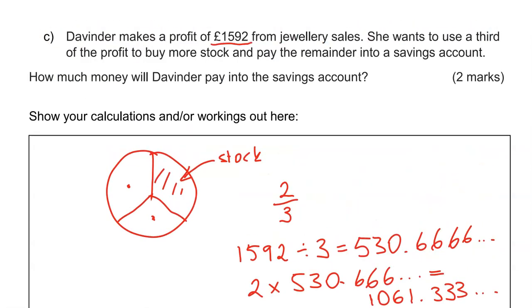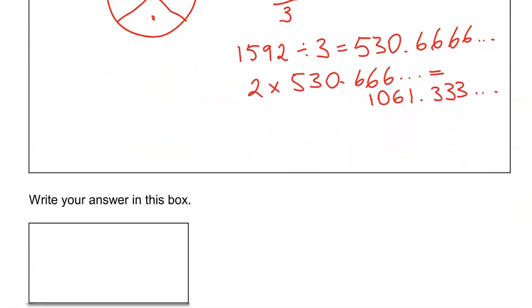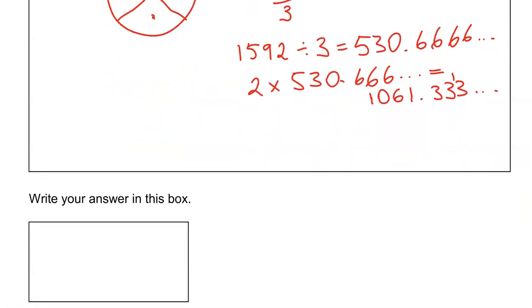So we're talking about money here, so we're going to need to round the answer to 2 decimal places. So looking at the 3 means we're going to round down, so we're going to keep this as a 3. So £1,061.33.